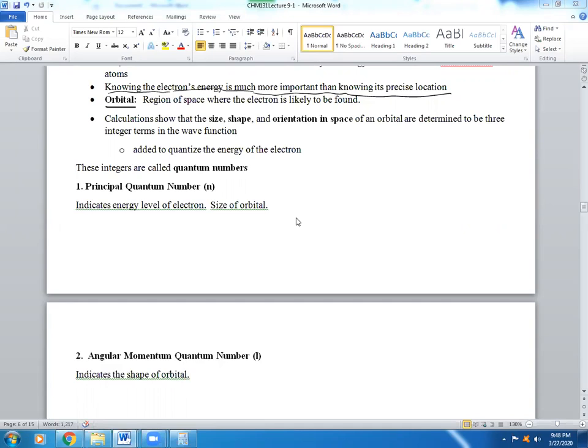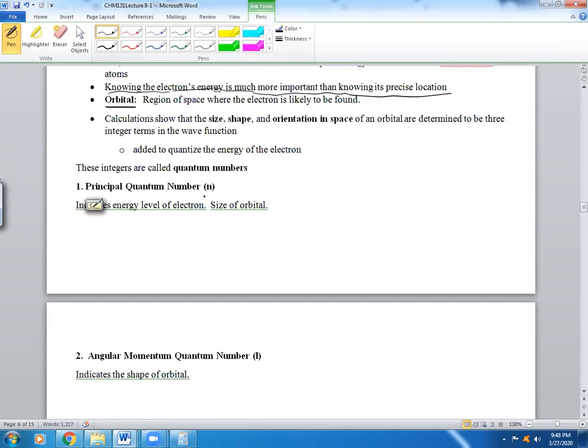The first quantum number is called the principal. Make sure you know the name of each number, not just the letter, but the name as well. So this is called the principal quantum number, n, and it indicates the energy of the electron or the size of the orbital.